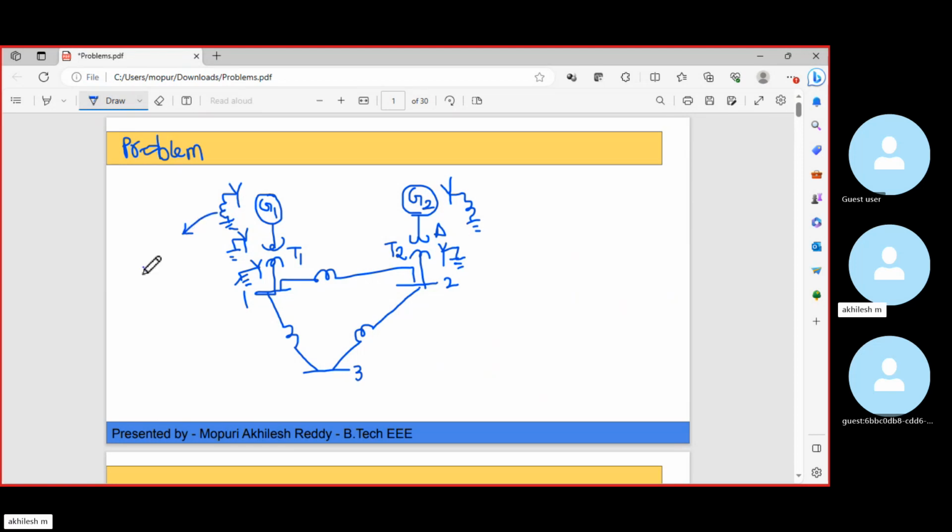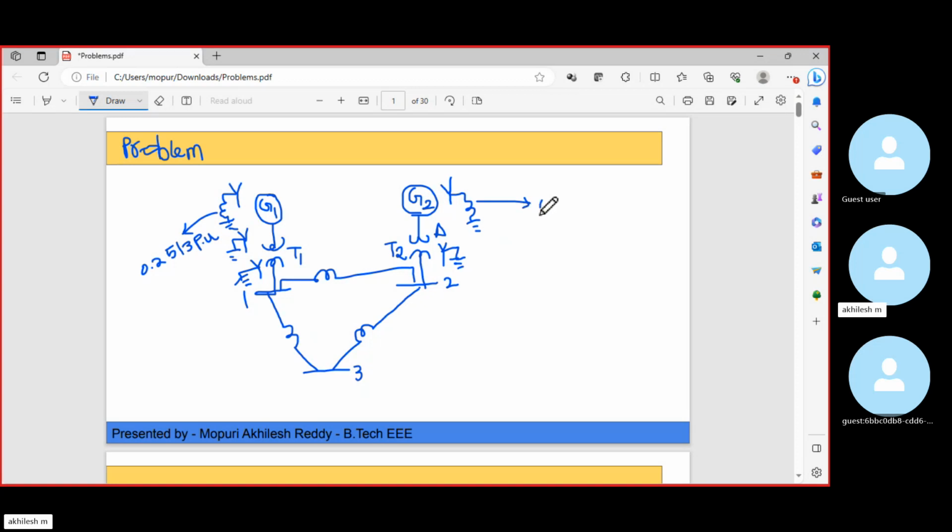This reactor value is 0.25 per unit. They have directly given the per unit value of the neutral to ground connected reactor for both the generators. This is the value.